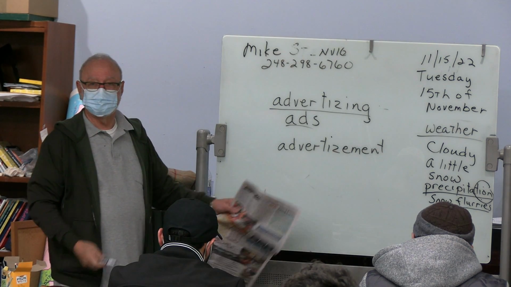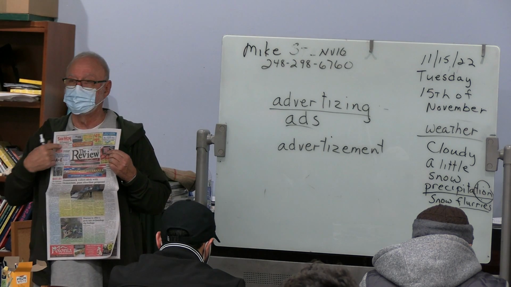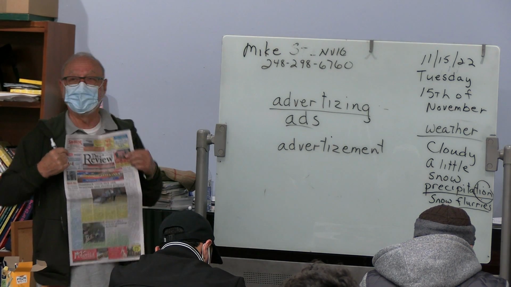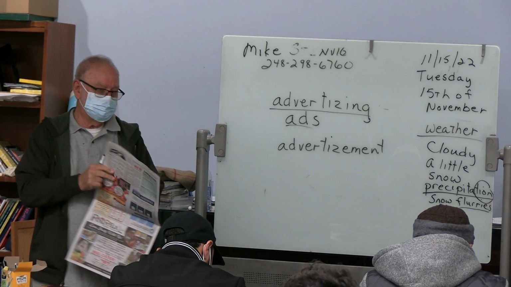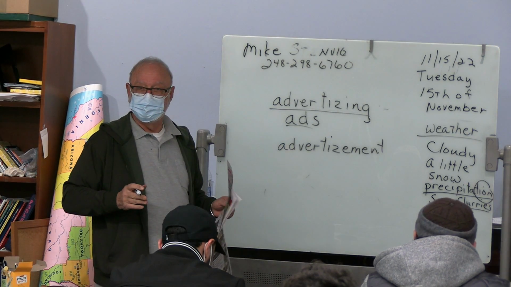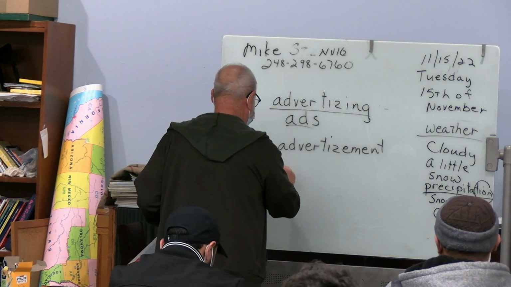Advertisement. This is an advertisement up here. It's an ad. They are advertising. That's the action. So, abbreviation means to make it short. And I hope we remember some of these.